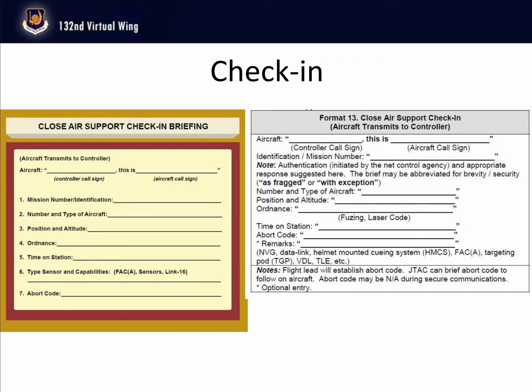For example, abort code will be Alpha Charlie Echo. Then when the JTAC gives abort and the correct letter, you know it's the JTAC who's aborting you. The reason for using it is that sometimes the enemy can listen on your comms and simply abort your attack runs, so it's basically for operational security.